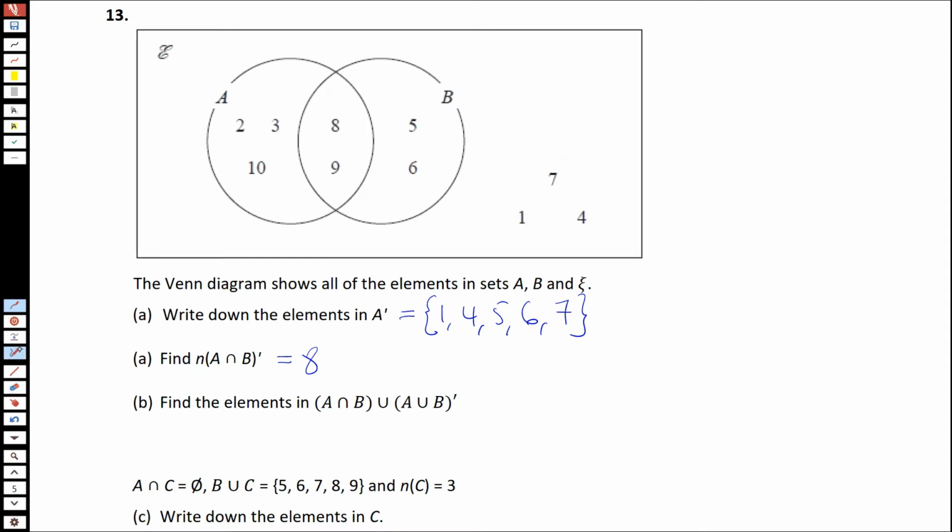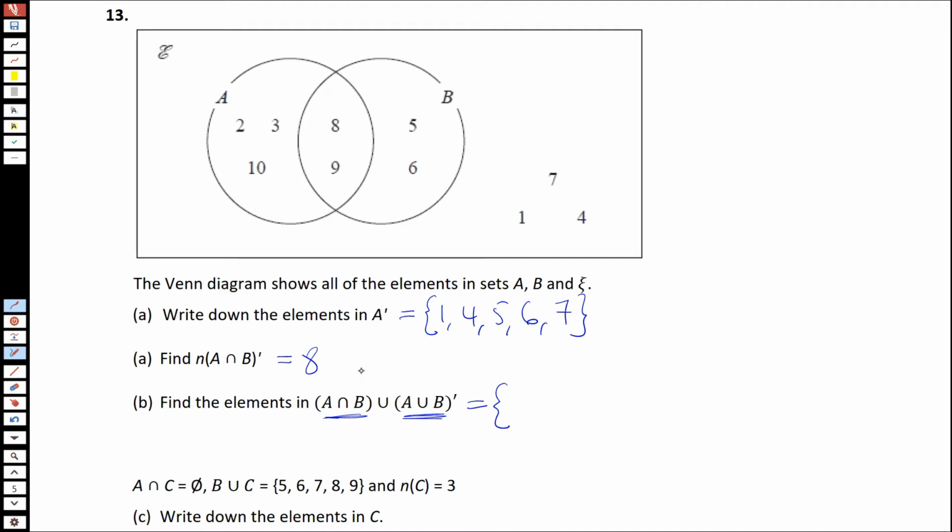Okay. And then the next part of the question, find the elements in, and here remember we are combining that and that. Instead of working through the whole thing together, we can work out the first part, find those elements, and then the second part, find those elements, and then we combine them together.